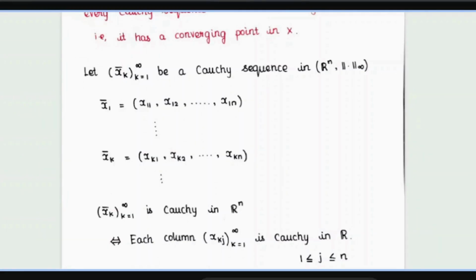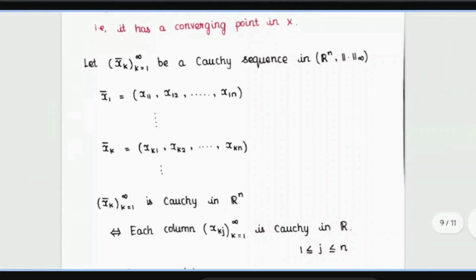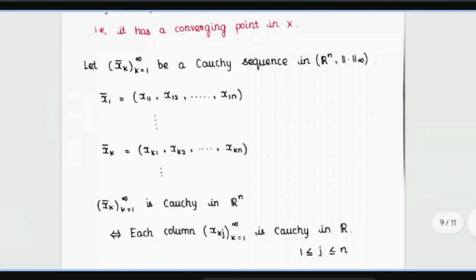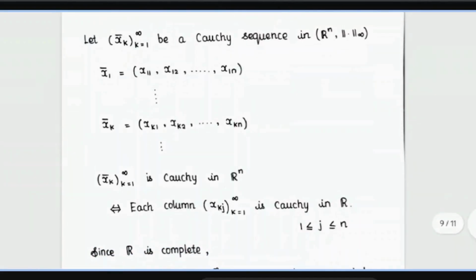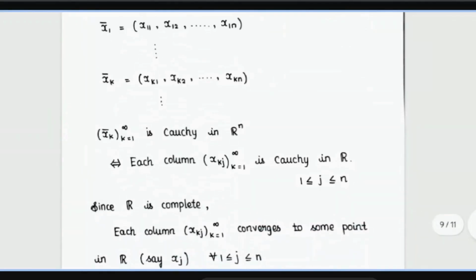This is a sequence in R which will be Cauchy. So saying x_k bar is Cauchy in R^n is equivalent to saying each column is Cauchy in R. This is true for every column. We know that R is complete, right? So since R is complete and each column is Cauchy, we can find a convergent point for each column.